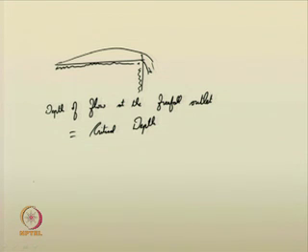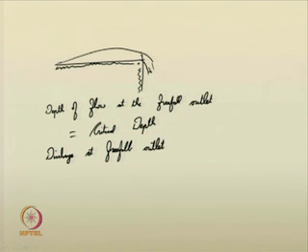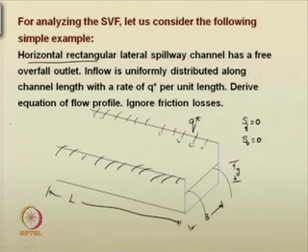So, if that is clear to you, then discharge at free fall outlet. What is the discharge at free fall outlet? If you recall, we had suggested that water is slowly increasing from this section to this section as it goes downstream.